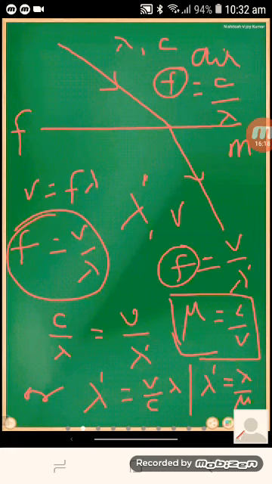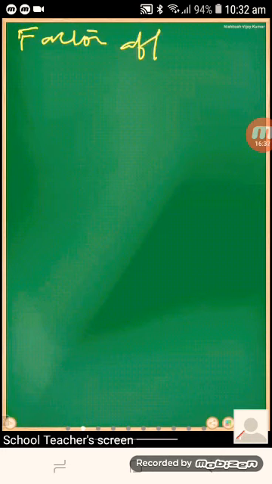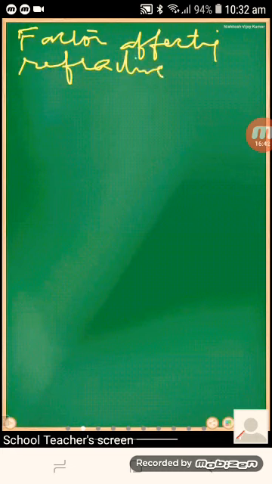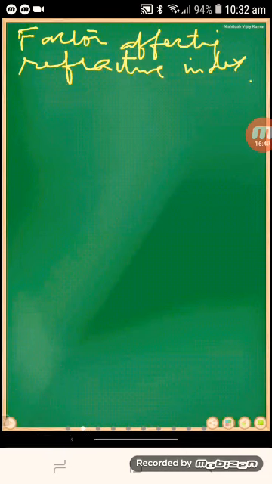So now we move to the next topic, the factors affecting the refractive index of a medium.